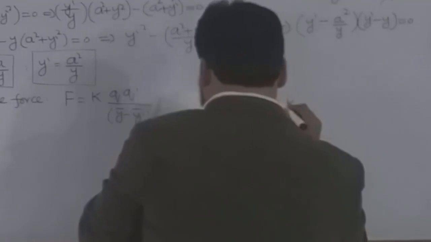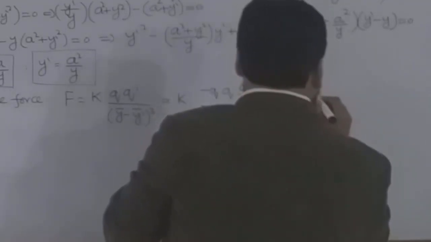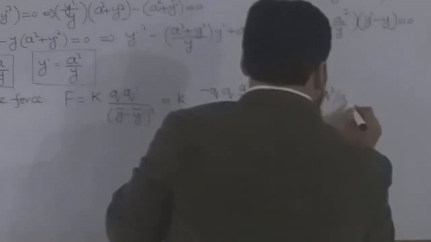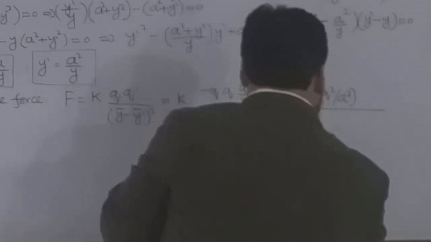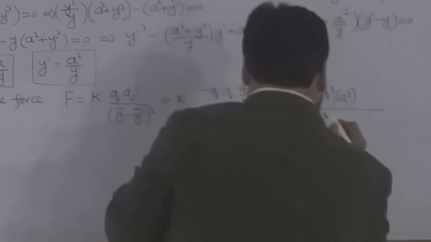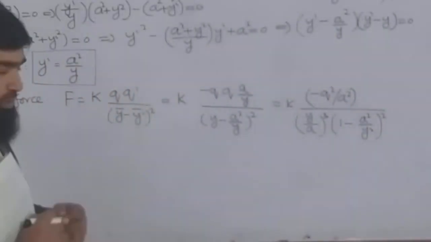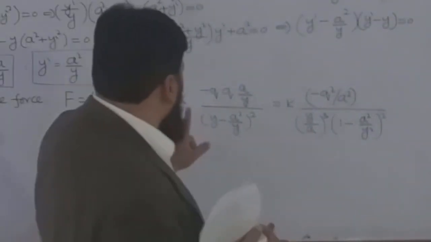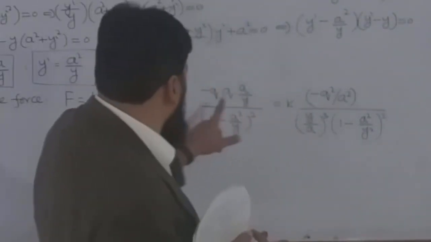I take k and then minus q squared over a squared divided by y over a whole cube, 1 minus a squared over y squared, whole squared. Can I do like this? Look here. K is here, so K is here.